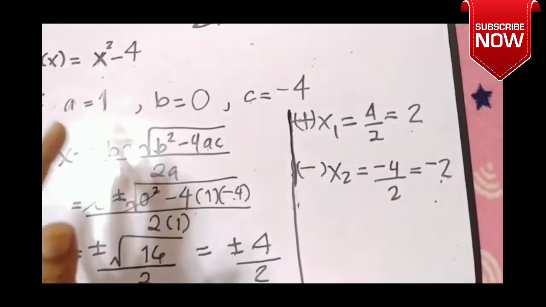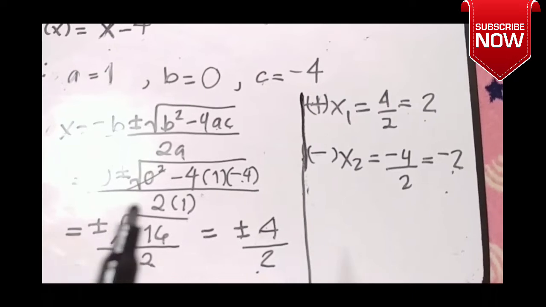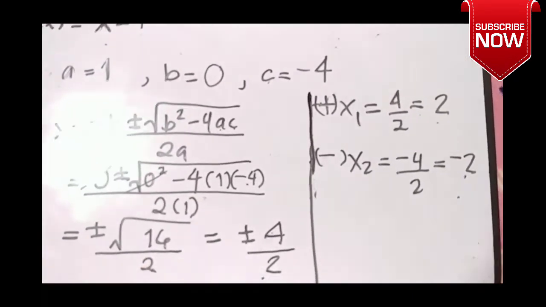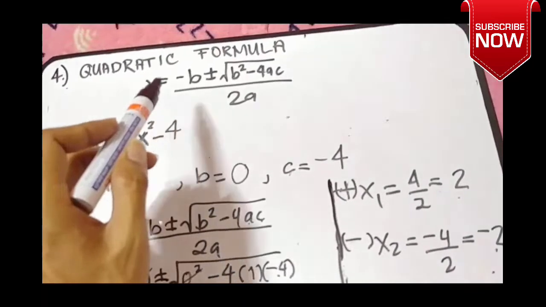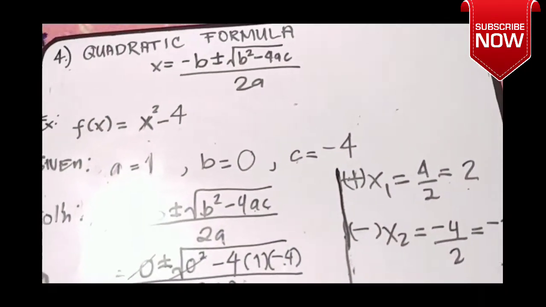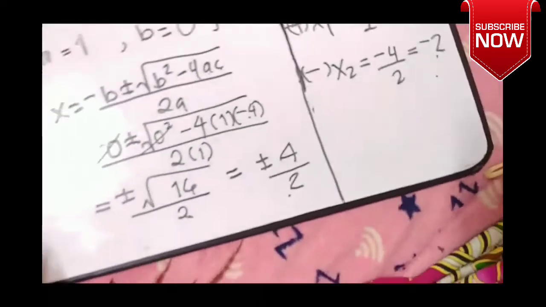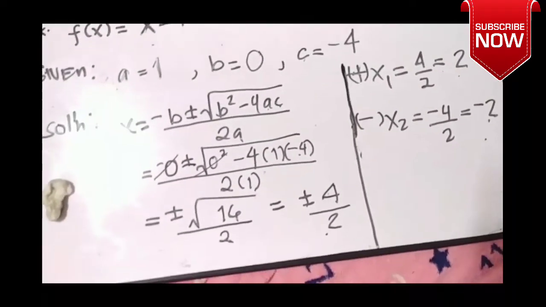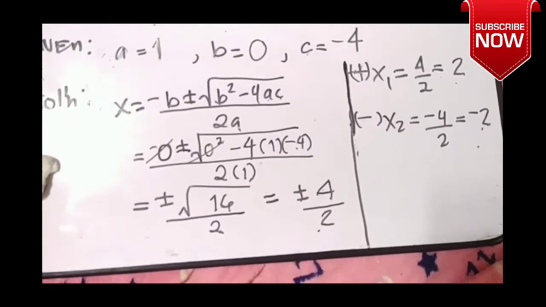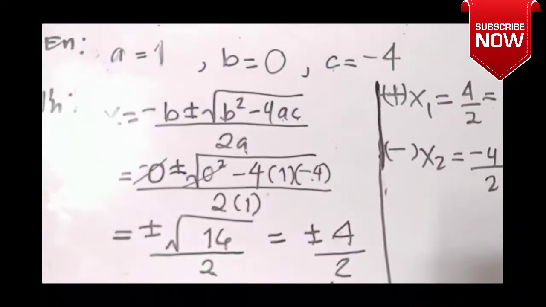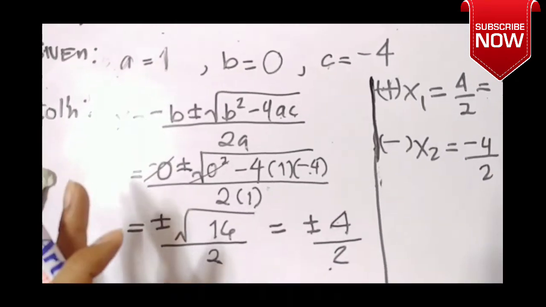So, after this sample, isosolve naman natin yung sinolve natin kanina gamit yung completing the square, pero ibang equation naman yun. So, try natin kung magtutugma rin ba pag gagamitin natin ang quadratic formula. Okay. So, kung papansinin niyo, napakadali lang ng quadratic formula kasi wala ka nang iisipin pang... Hindi ka na mag-square, hindi tulad nung sa completing the square, mag-iisip ka pa kung ano yung kalahati ng linear, tapos i-square mo pa.